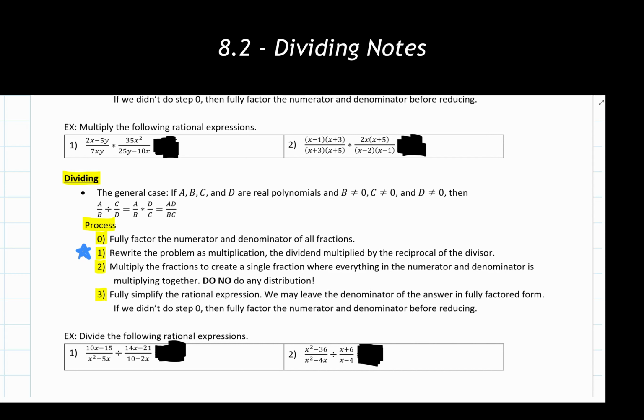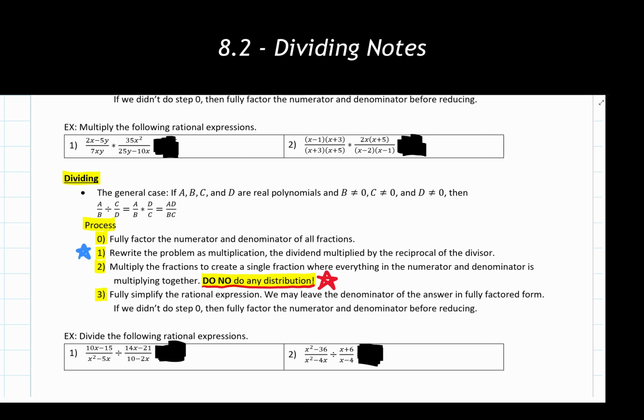I do again want to emphasize, because we are following a very similar process to what we did above, make sure that when you are multiplying everything together to be one single fraction or one single rational expression, do not do any distribution or multiplying through of any kind. Yes, we are making one single fraction, but leave everything fully factored and spaced out.